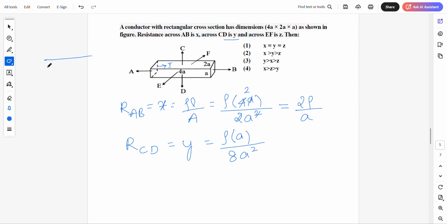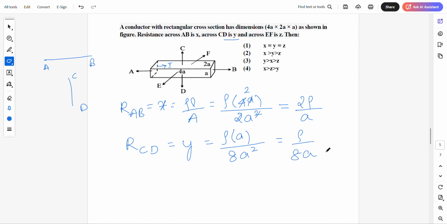AB is like this. Understood? CD is like this here. For CD, length is A and the area is 4A into 2A, that is equal to rho by 8A.